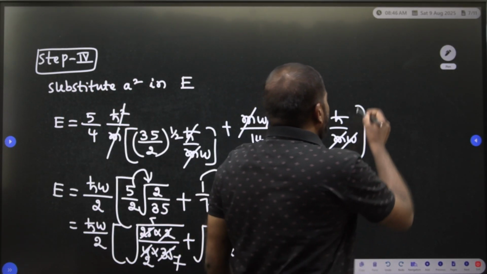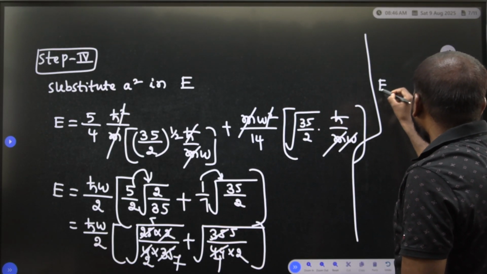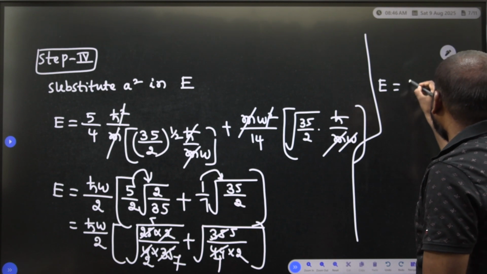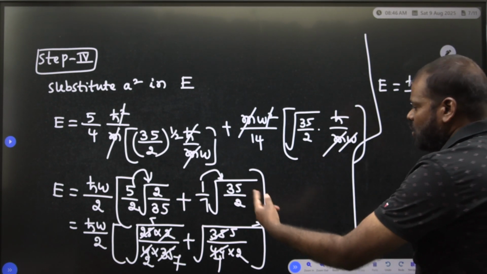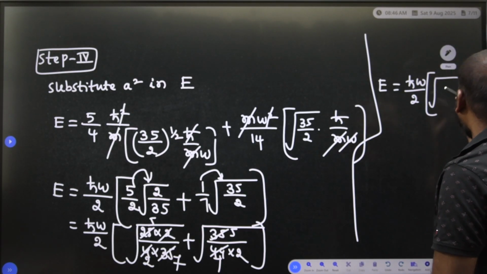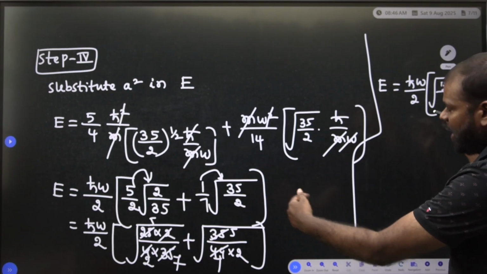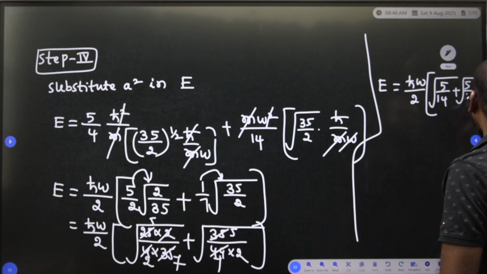So what will happen? You have to see that the energy value E is equal to ħω divided by 2 into, so root, you are going to take it as 5 by 14, root 5 by 14, so plus root 5 by 14 you are going to get.